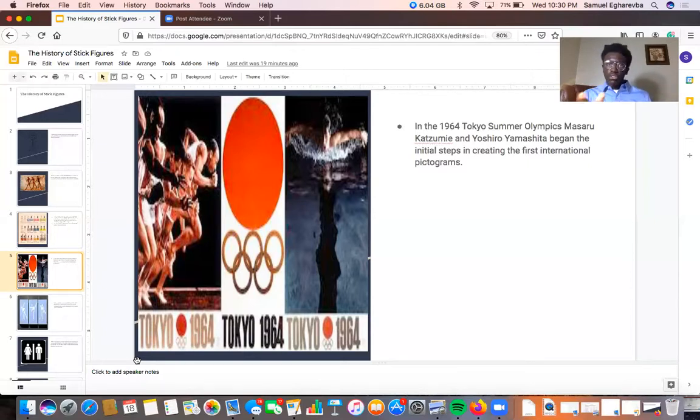But these two graphic designers were able to create the first initial basis for the international usage of pictograms, and a lot of these depictions that we see on a day-to-day basis.